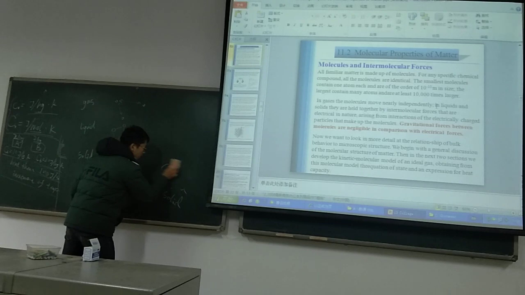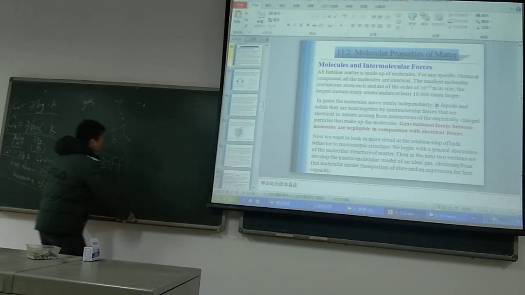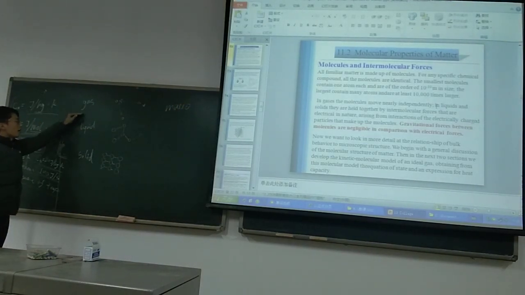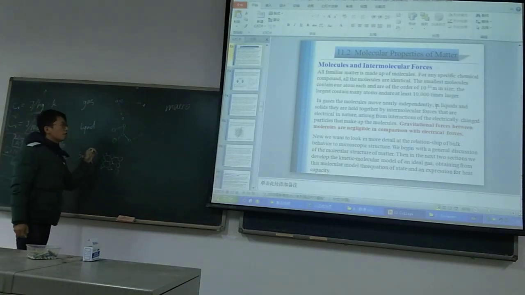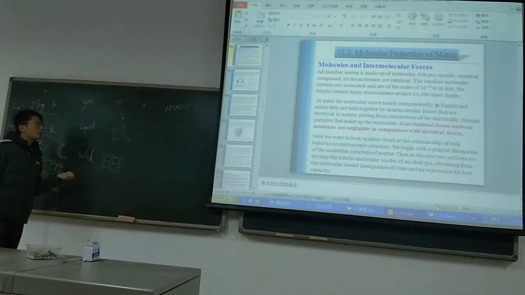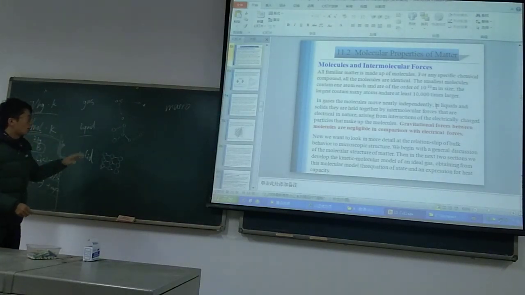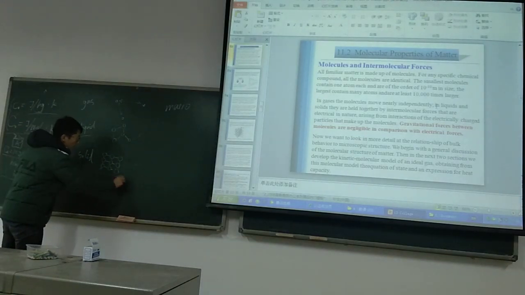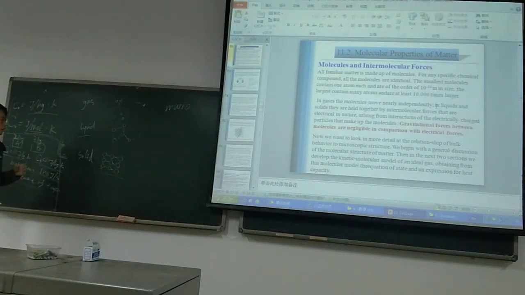In this case, you will see that for both the gas and the liquid, the volume and the shape can easily be changed. Especially the gas, it has no specific shape. For liquid, you can see it flows all around. However, for solid, you always see that it is stubborn and stable in shape.